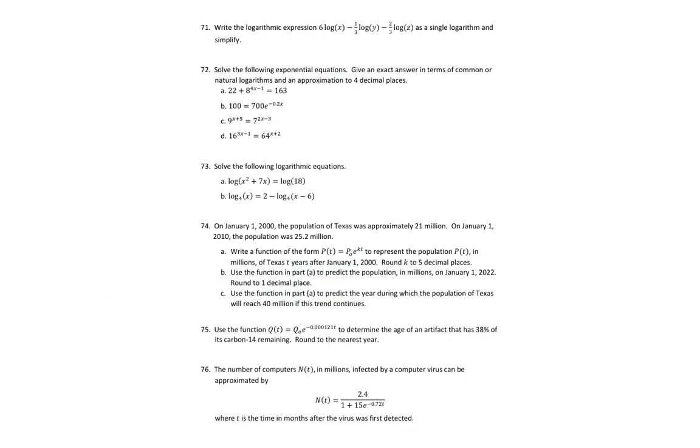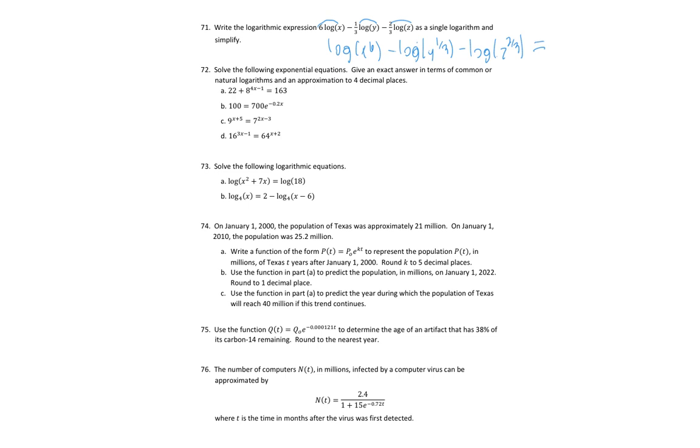Continuing on, this wants us to go the opposite way, so we're going to try to convert this into one big logarithm. The first thing I'm going to do is put my powers on top. So I have now log of x to the 6th minus log of y to the 1/3 minus log of z to the 2/3.